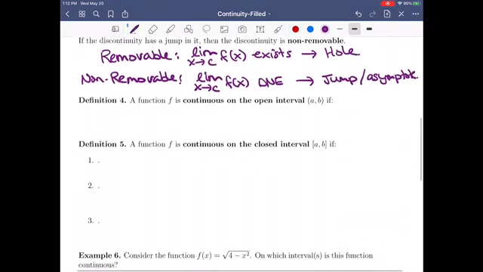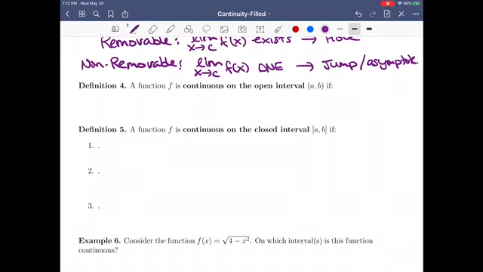Now, we can also talk about continuity on an interval. The function f is continuous on the open interval, so notice I'm using round brackets here, so I'm not including the endpoints, either a or b. It's continuous on the interval if it is continuous at every point within the interval.